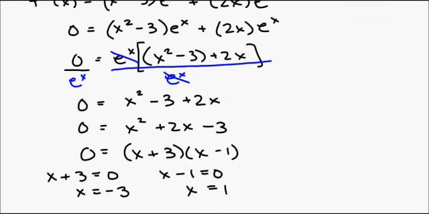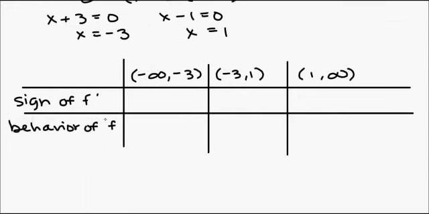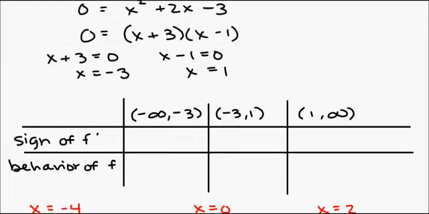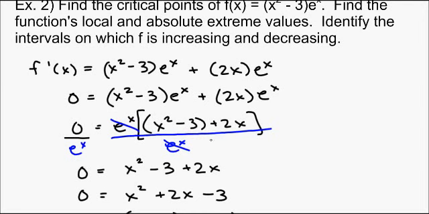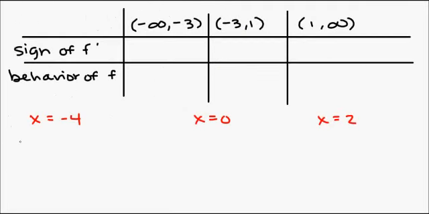Okay. Here we go. Plugging into f prime to figure out our sign. I'm going to do a negative 4 first. So when x is negative 4, I'll use this piece here that's a little bit simpler: e to the x times x squared plus 2x minus 3.